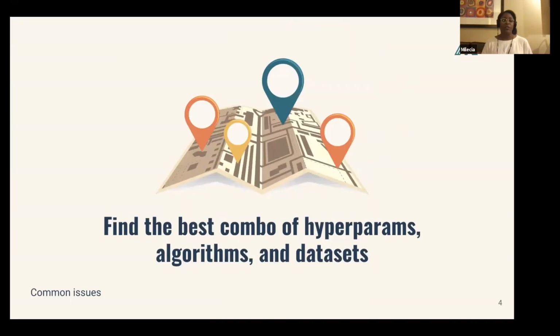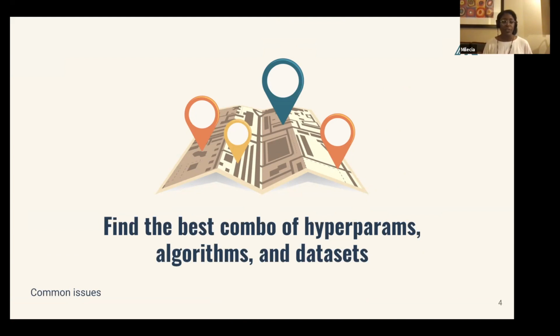One of those issues starts with our original search for the best combination of hyperparameters, and whatever algorithm or algorithms we need to use on our data set. It's basically like having a map where we put all of these little different points, hoping that wherever they cross, we find our treasure, which is a really good model that we can get to production.